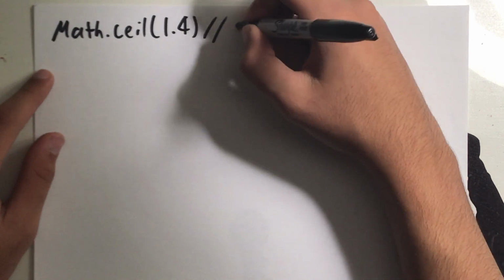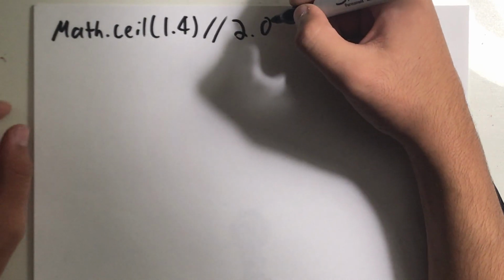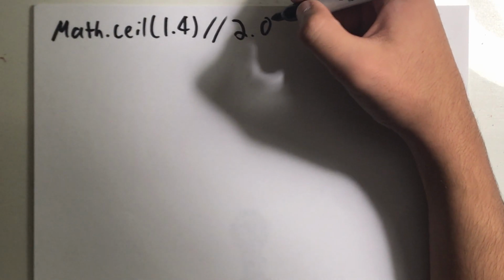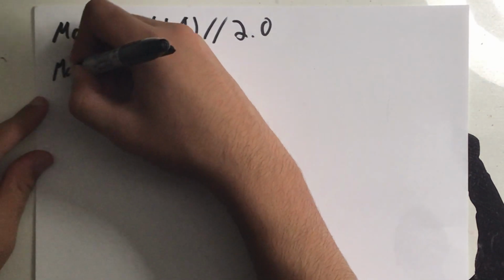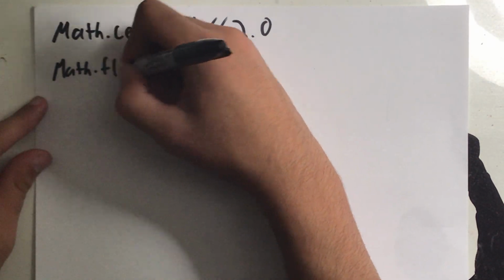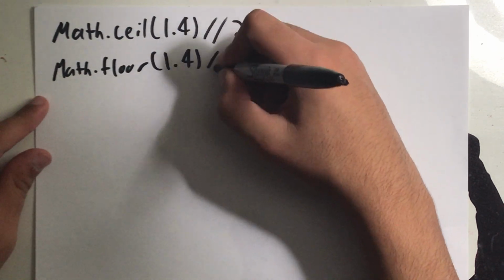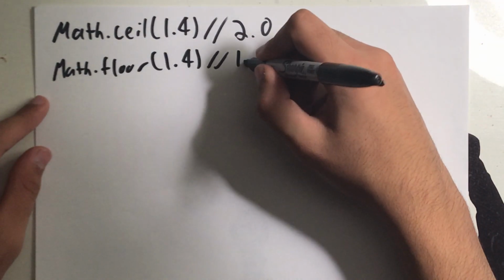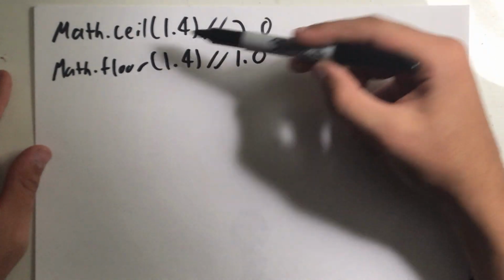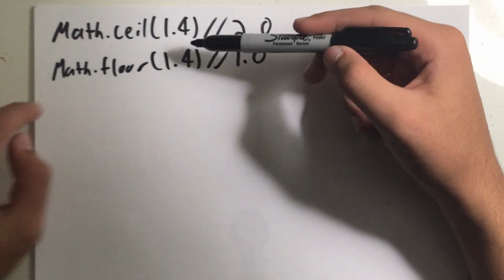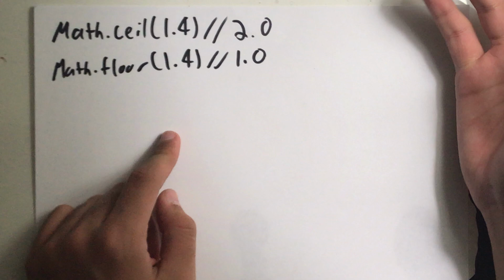It's going to return 2.0. Okay. Now what if I had math.floor of 1.4? It's going to return 1.0, right? Ceiling goes up like a ceiling, floor you go down, like on the floor, right?